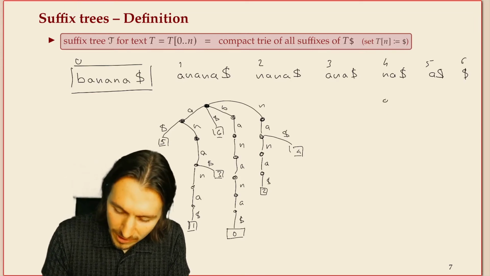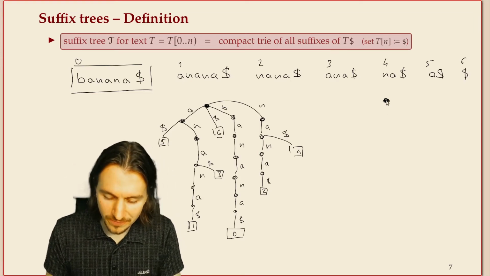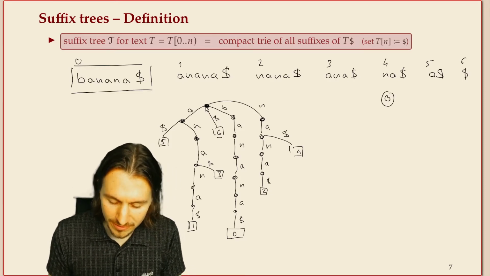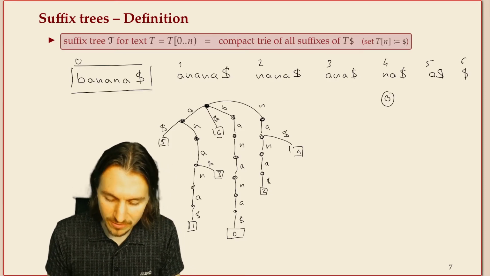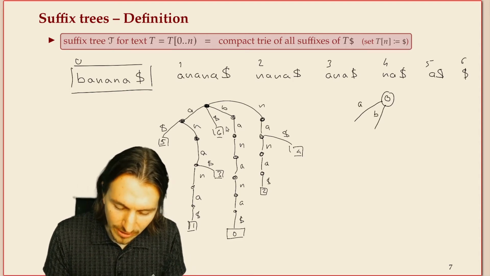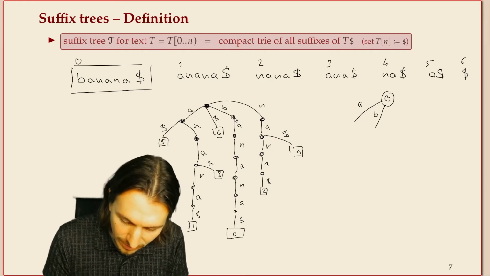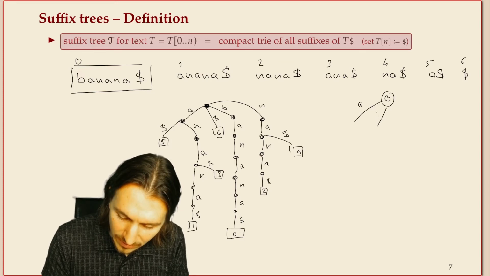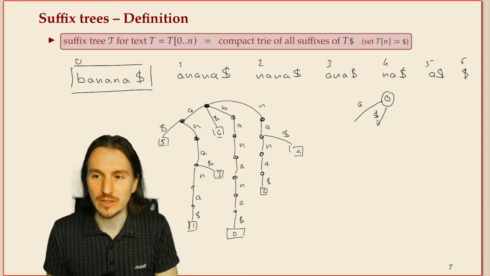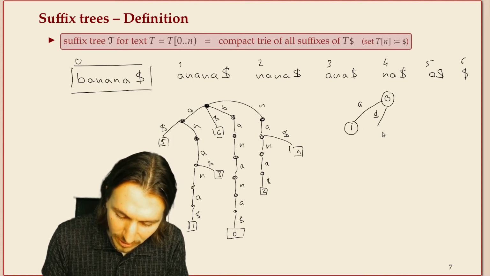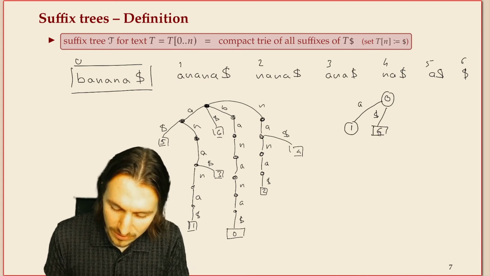We start with 0 here, and then the A and the dollar stay because these are leading to nodes that don't have exactly one child. Okay, and then this leads to a node with 1. The dollar leads immediately to a leaf with 6.